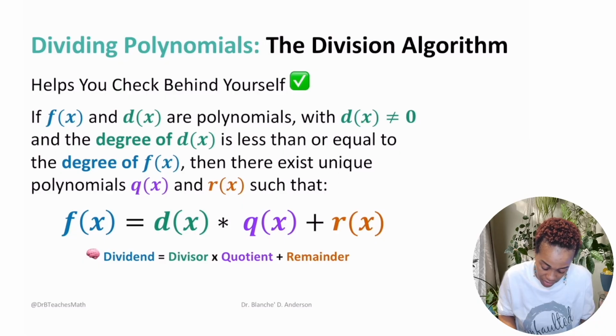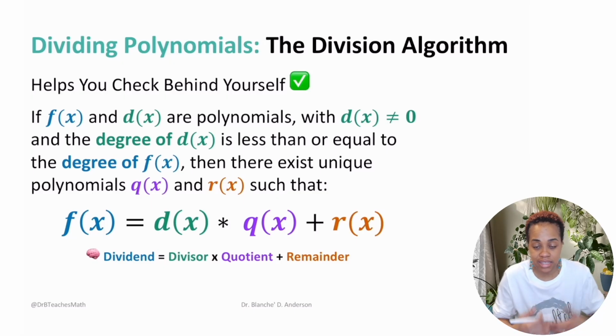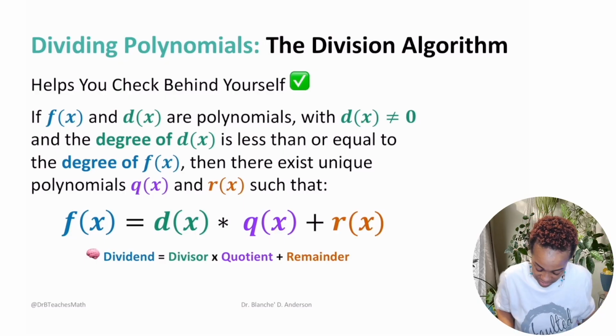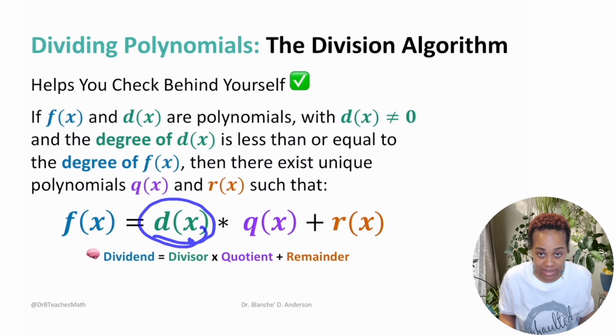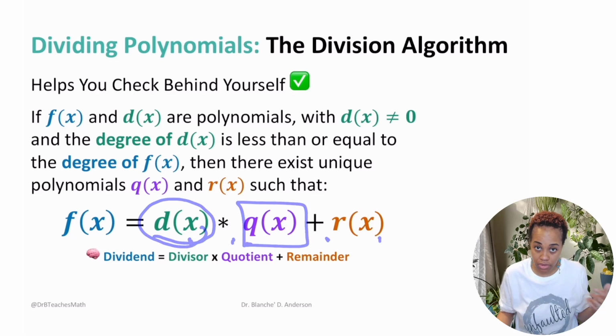So it says if f of x and d of x are polynomials where d of x is not equal to 0 and the degree of d of x is less than or equal to the degree of f of x, then there exist unique polynomials q of x and r of x such that f of x is equal to d of x times q of x plus r of x. You're probably like, what? It's what we just said. The dividend, what you're dividing, is equal to who's doing the dividing times whatever your quotient is plus the remainder.